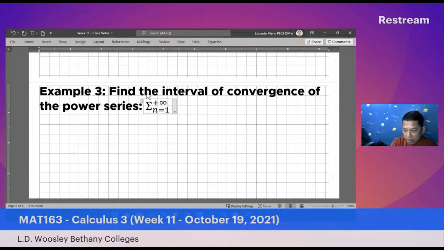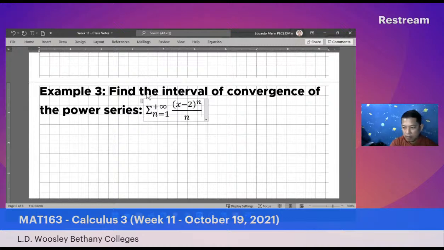Okay, so this is the definition. Okay, so find the interval of convergence of x minus 2 raised to n all over x over n. So that's the question.